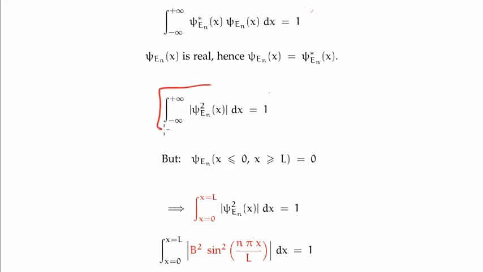Hence we're integrating over all space the square of the wave function and equating it to 1. But we know that in the region of x less than or equal to 0 and x greater than or equal to L, the wave function must be 0. And that basically allows us to simplify our integral. We don't need to integrate over all space, and simply just integrate x is equal to 0 to x is equal to L.